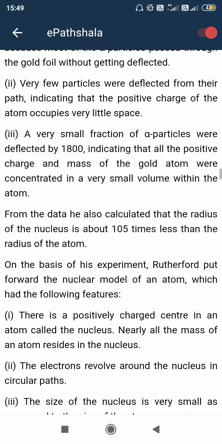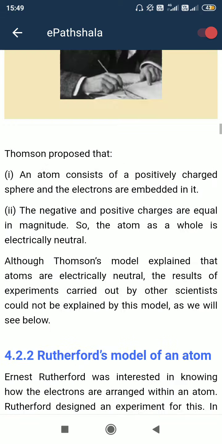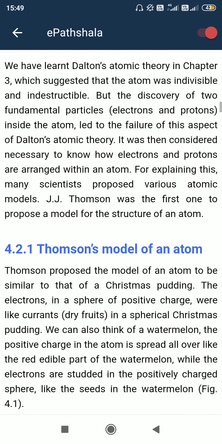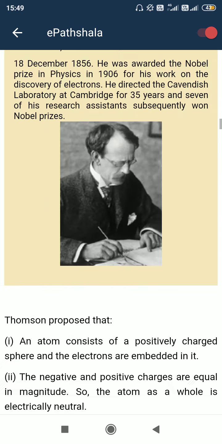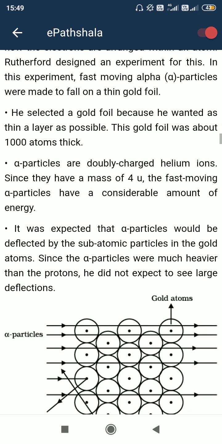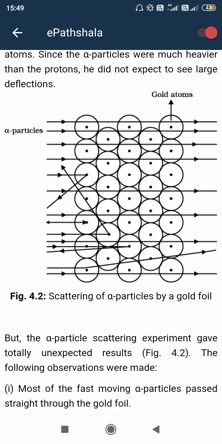Another thing I would like to discuss here, the Rutherford model. Whatever I said, the nucleus is the central part and the main part of the atom, which has mass. Most of the mass is located inside the nucleus, and this comes from Rutherford's experiment.